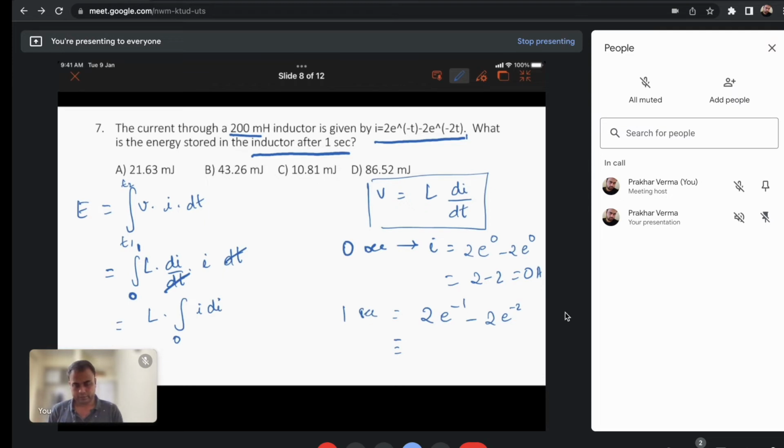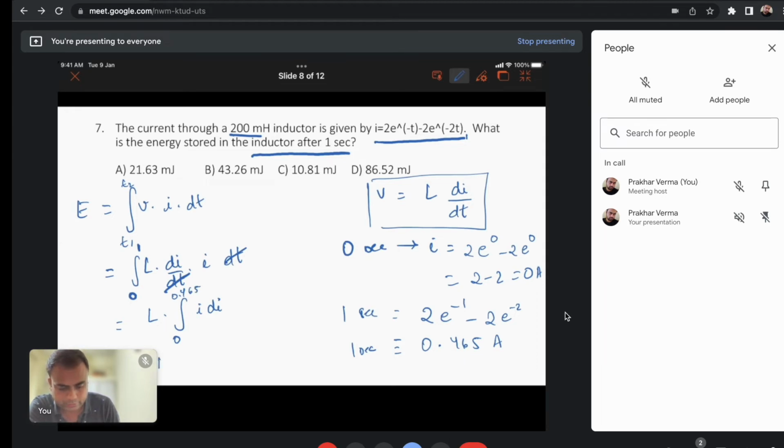So the value is 0.465 amperes at 1 second. Just substituting these values, that is 0.465 amperes.